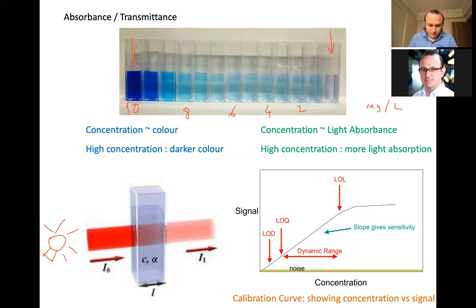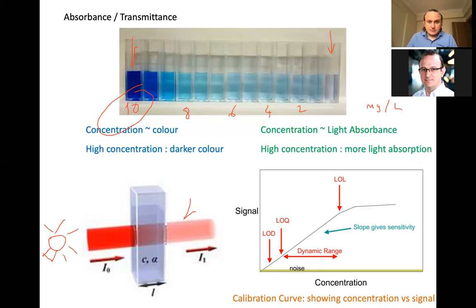The transmitted portion is shown here. So some of the light is absorbed by the material, some of the light is transmitted. And it's quite clear if you have a high matter concentration like this one, most of the light will be absorbed and the transmitted portion will be less.